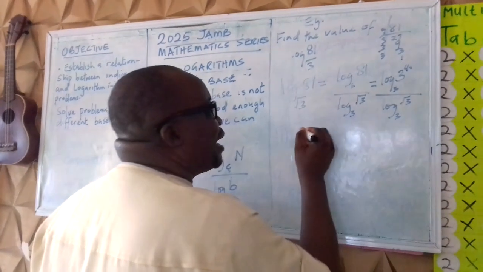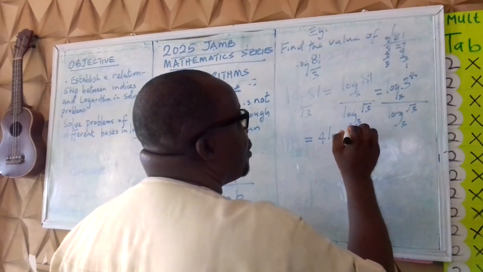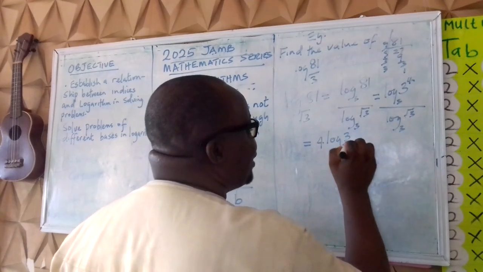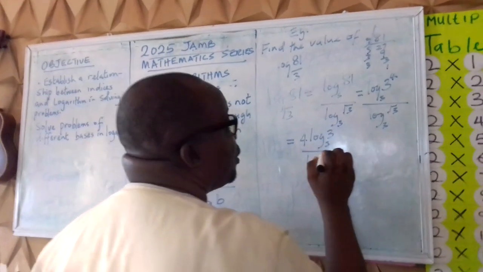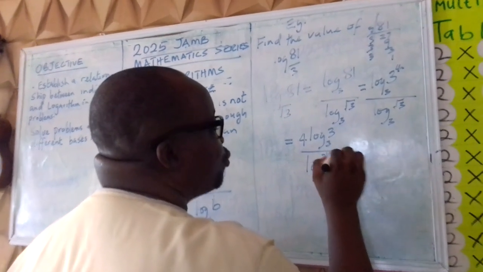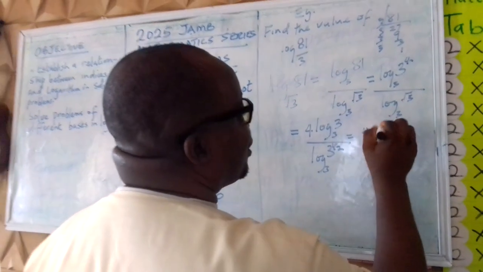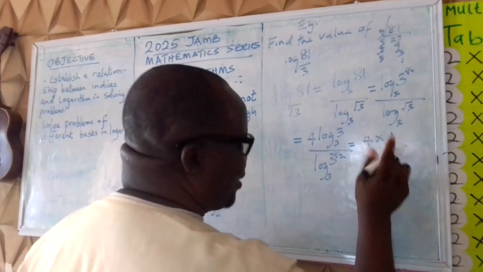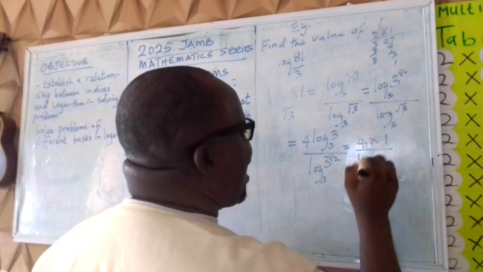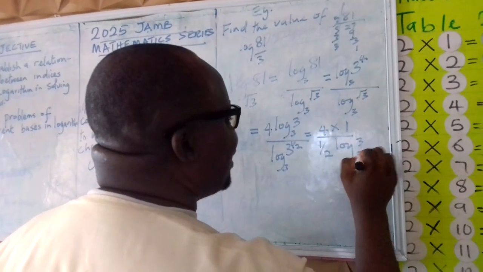I can further move down to say 4 log 3 base 3 divided by the log of 3 raised to the power half base 3, which is 4 times 1, because log 3 base 3 is 1, all over half log 3 base 3.